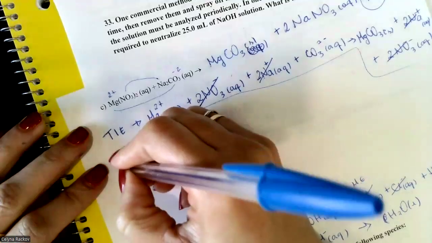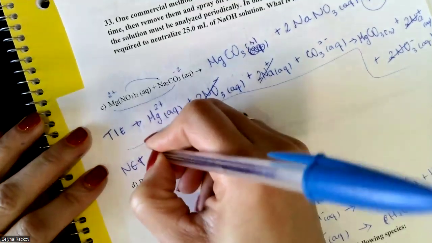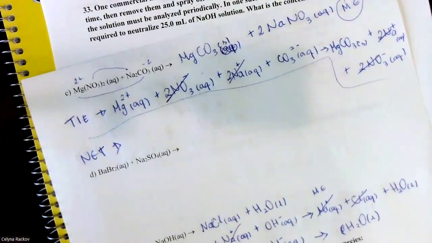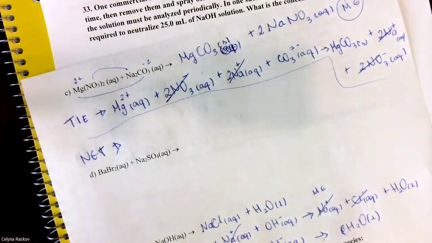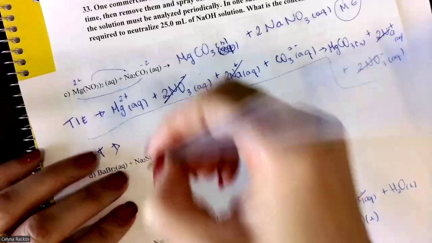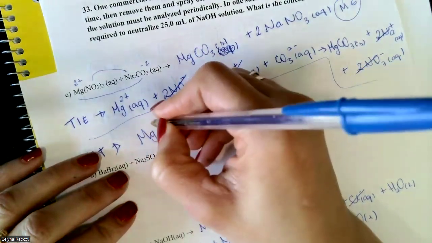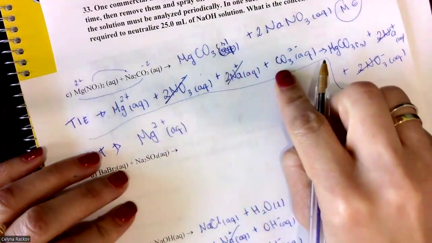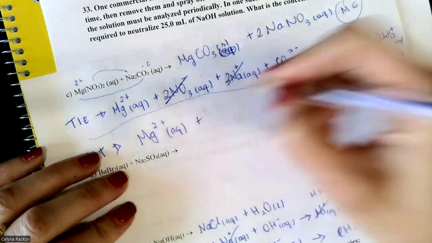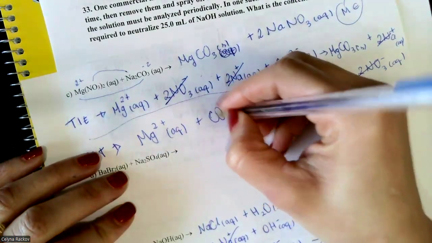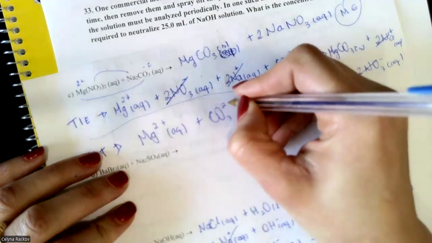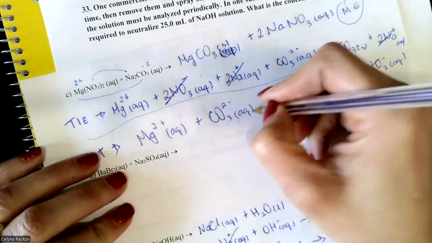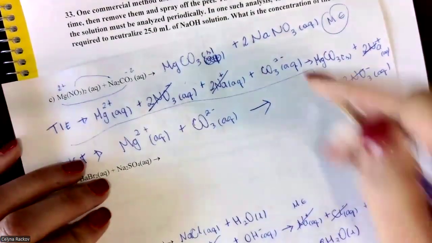Now, the net ionic equation shows the ones that did not cancel out. Magnesium 2 plus does not cancel, right? Carbonate does not cancel out, right?